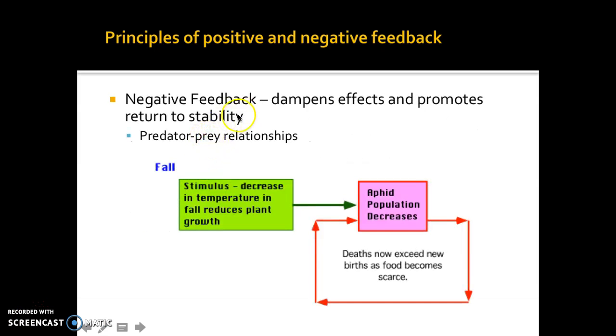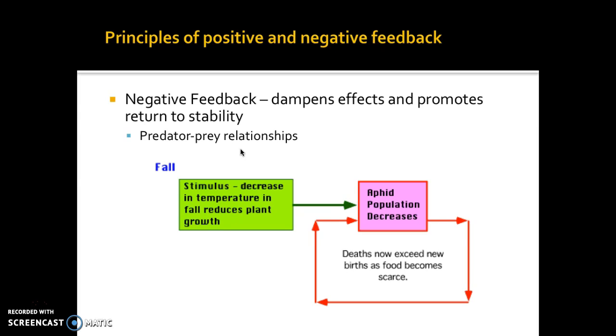If we look at the negative feedback mechanisms, we're talking about stabilizing mechanisms. That tries to soften or reduce the change within an ecosystem to produce more stability. Predator-prey relationships are considered to be negative feedback relationships, generally speaking.